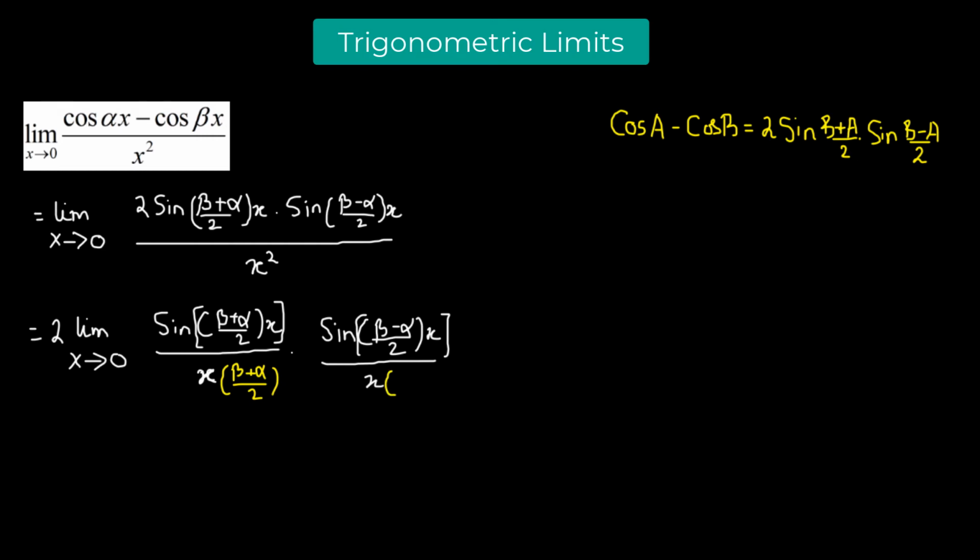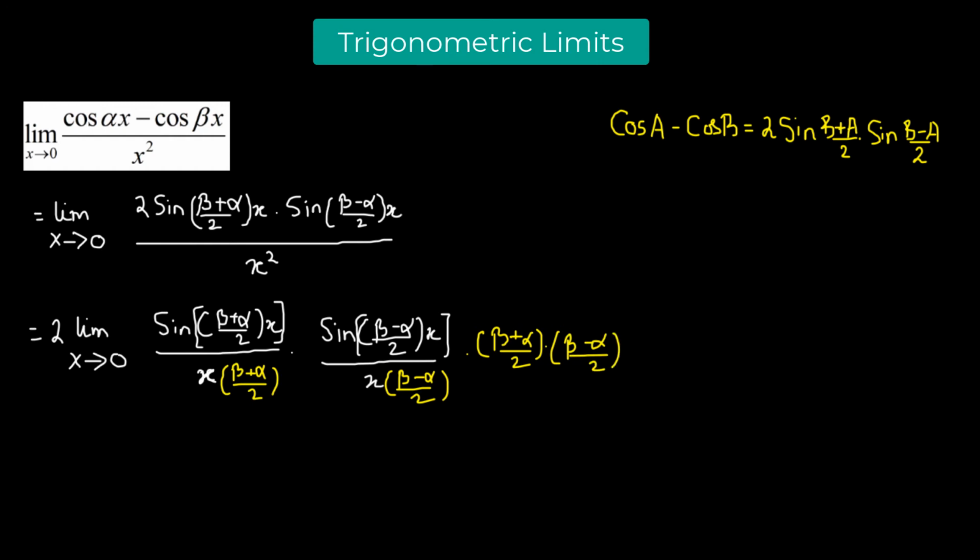Similarly, for the second function, we are going to multiply x by (beta minus alpha) over 2. Now these are extra terms, so we have to get rid of them. So we're going to multiply (beta plus alpha) over 2 and (beta minus alpha) over 2 to the entire function.